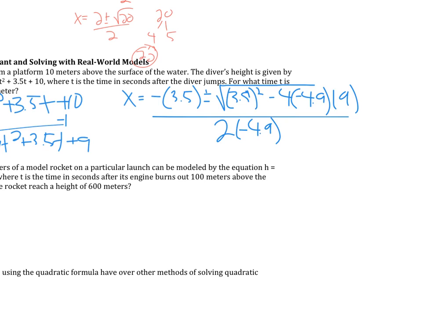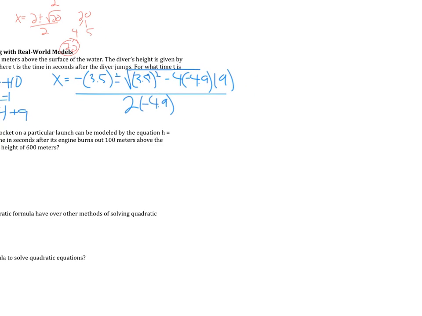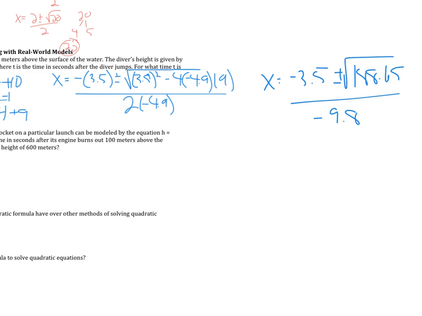Okay, now we go ahead and simplify this. We can also just type this all into a calculator. So typing the radical into there, we get x equals negative 3.5 plus or minus the square root of 188.65 all over negative 9.8. Simplifying, so take the square root of the 188 and that gives us x equals negative 3.5 plus or minus 13.73 all over negative 9.8.